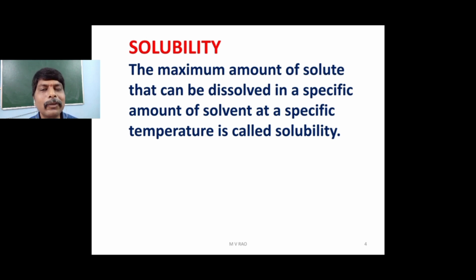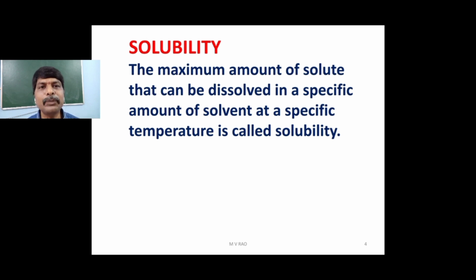Maximum amount of solute, that is one word, that can be dissolved in a specific amount of solvent. The solvent amount is also important here. Maximum amount of solute that can be dissolved in a specific amount of solvent at a specific temperature is called solubility.